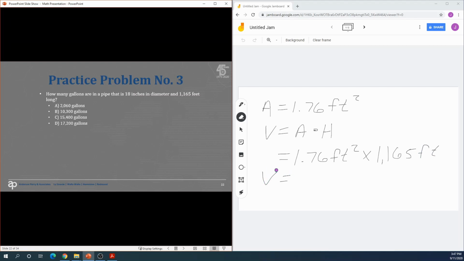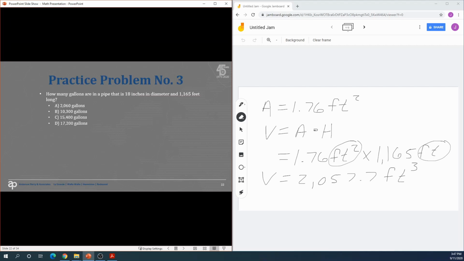We get 2,057.7, and this is going to be feet cubed. We had feet squared times feet. That's going to give us feet cubed.